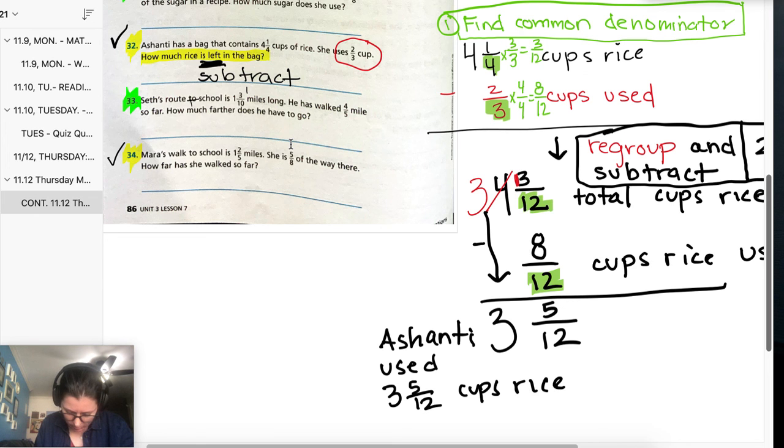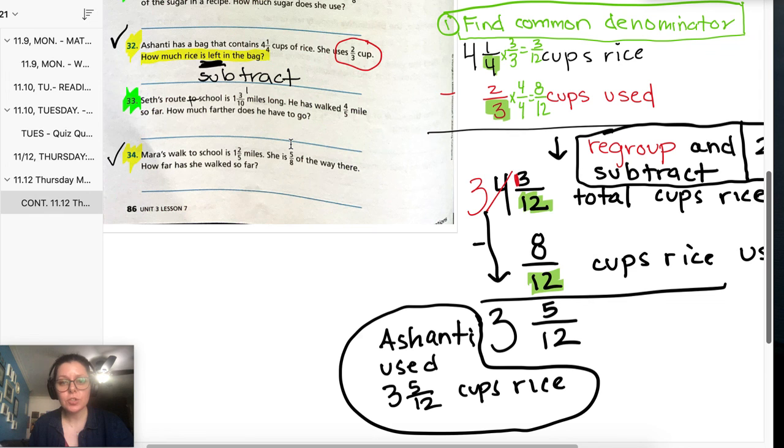So I wrote my answer in a complete sentence. I showed all of my work. I labeled all of my work. So I am done. That was number 32.